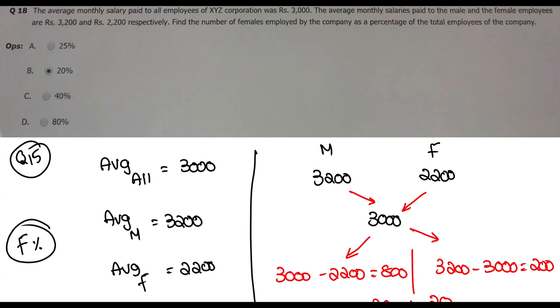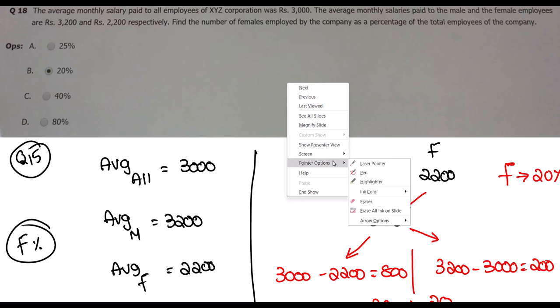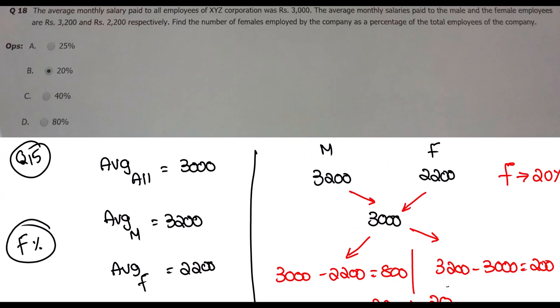Listen, total 100. Females are 20 means female is 20 percentage. Males are 80%. Sir, why can't you do this as 4 is to 1? I agree, I know I can modify it as 4 is to 1, then cancel it as 4 is to 1. But the question is regarding percentage. If this is out of 100, male and female, females are 20 out of 100.